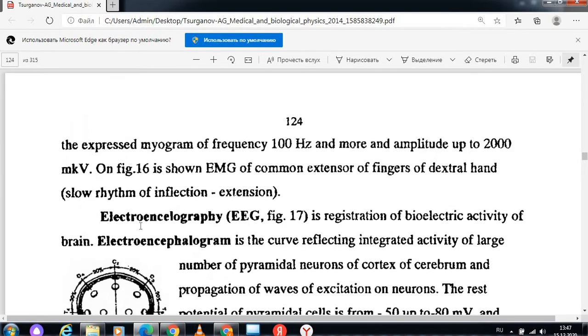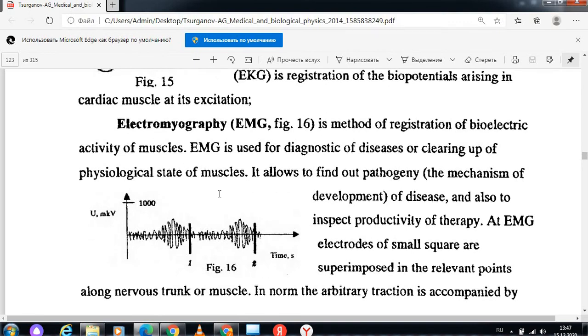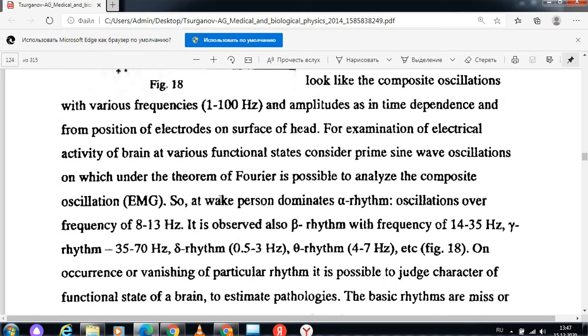Yes, again we have this electroencephalogram here, and we turn to EMG, electromyography. Here we put the electromyography, EMG.